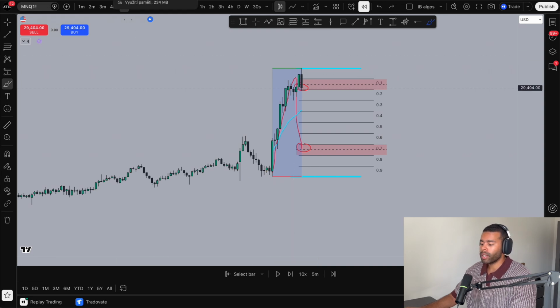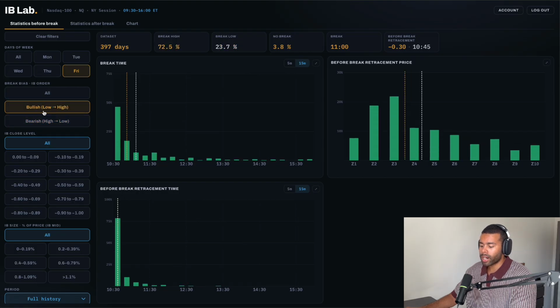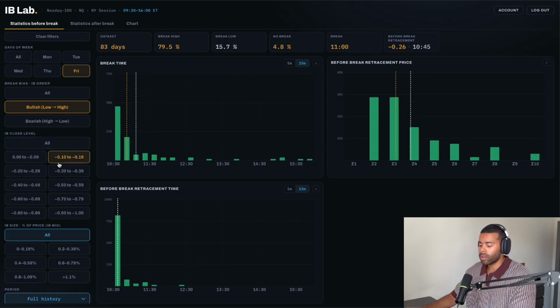So let's check IB Lab and find out what it's saying, because we don't have to guess. We can just look for the data. So we have Friday, we have bullish scenario, lows form first, highs form second, and then we want to see what happens if we close in the upper half.